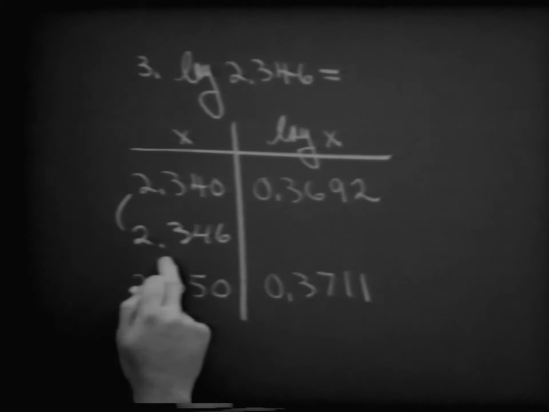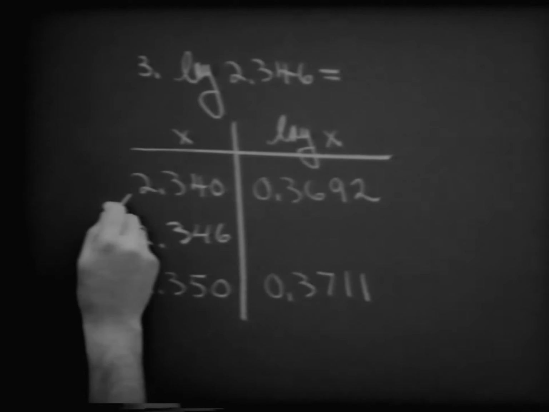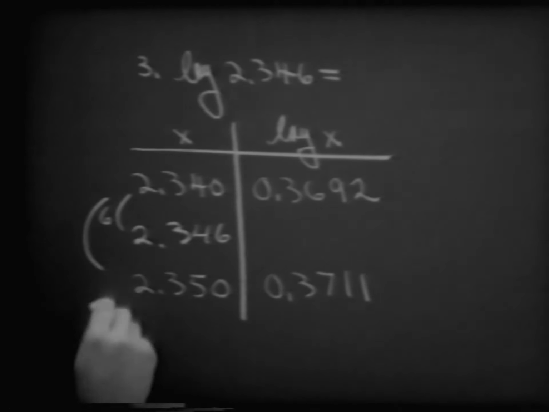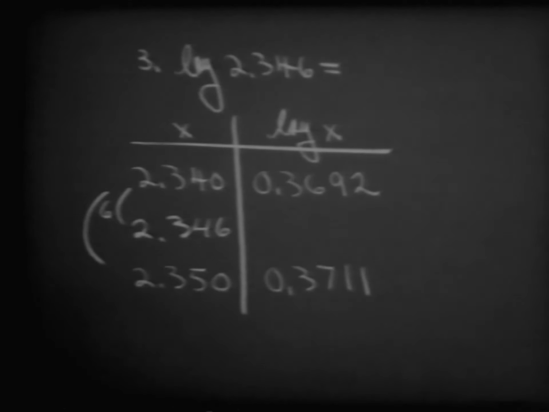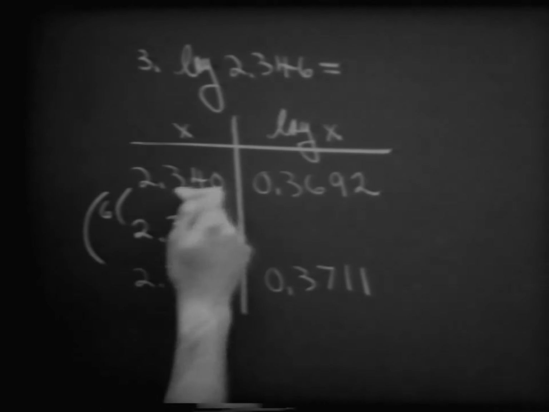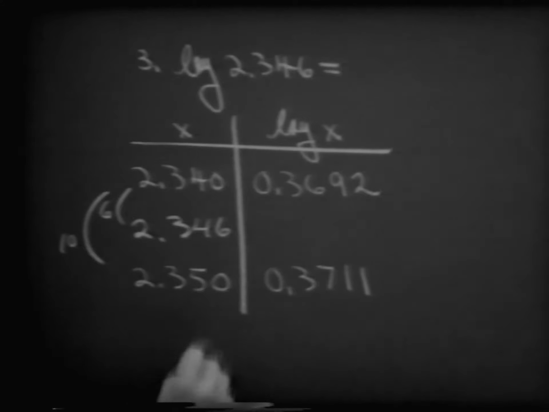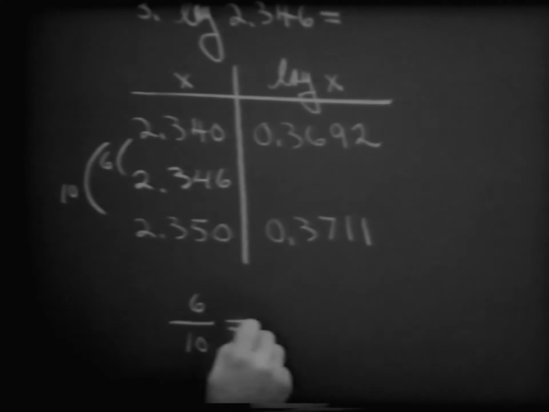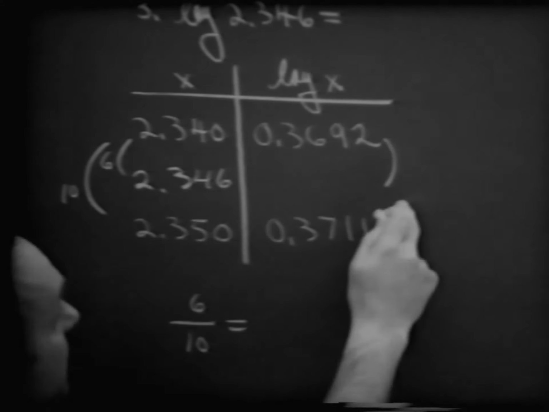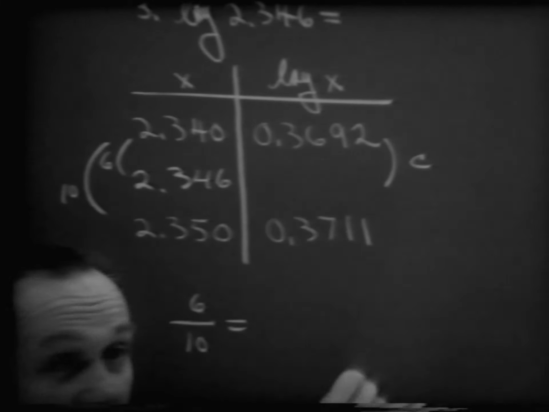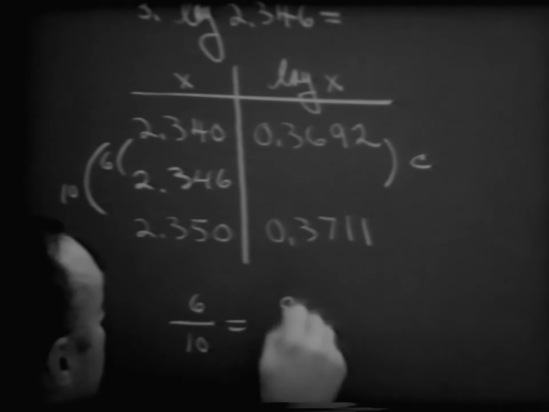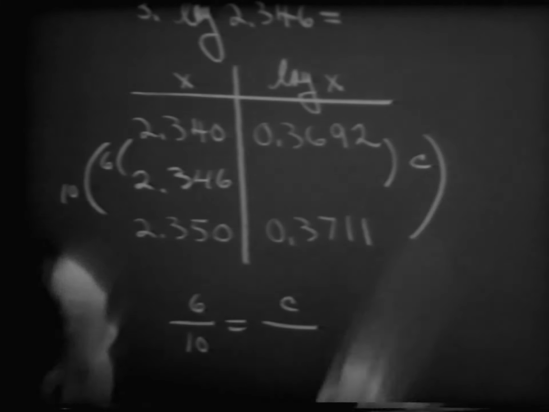Let's look at this difference. The difference between these two numbers is 6, and this is 6/10,000ths understood, and then the difference between these two numbers is what? 10. So 6 is to 10 as, now the difference between these two numbers, whatever it happens to be, let's call it C, as C is to the difference between these two numbers.